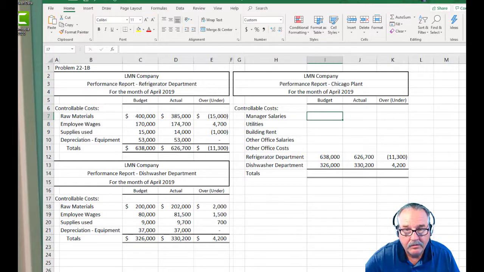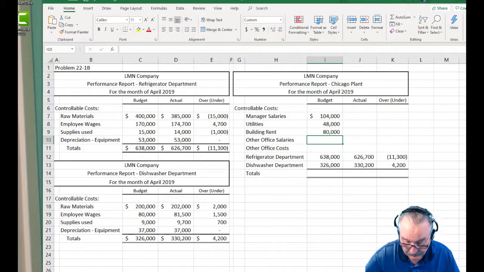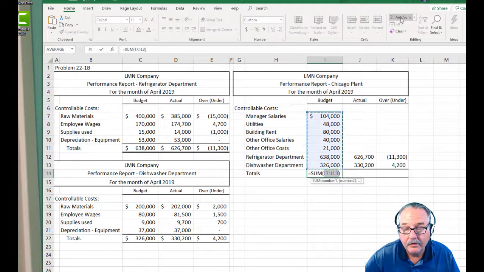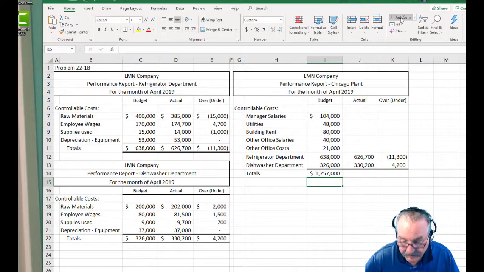And now we can drop in the other expenses for the Chicago plant, the budget. The total budget for the Chicago plant was $1,257,000.